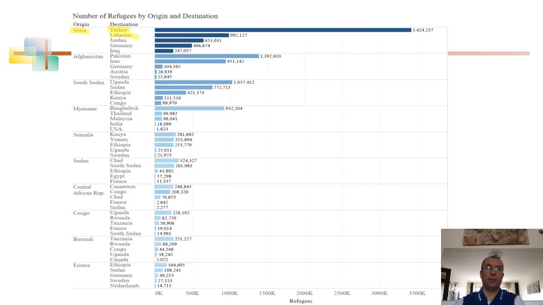Next is Lebanon and Jordan, and there's Germany and Iraq. Interestingly, Germany is the only European country in the list. If you look at all the other countries where they go, European countries either don't exist here or they have very low numbers, and still it's their number one biggest issue.